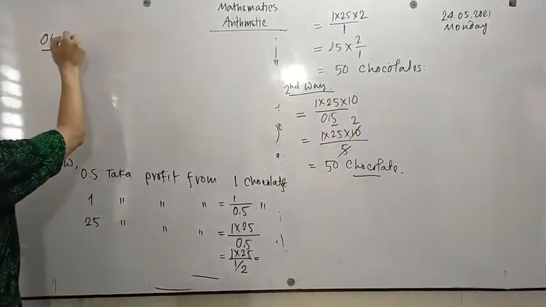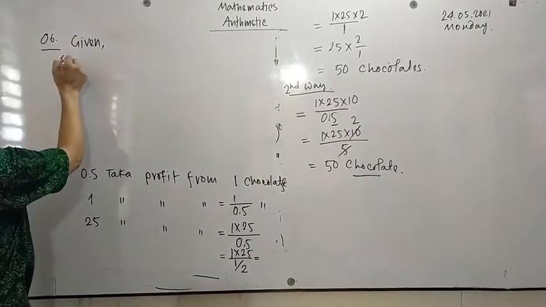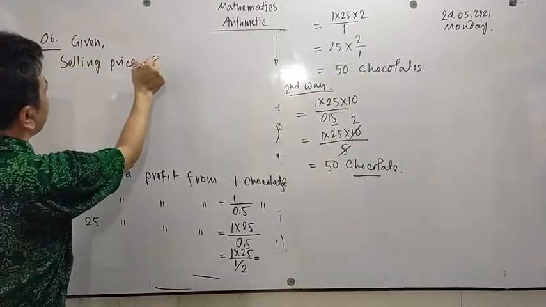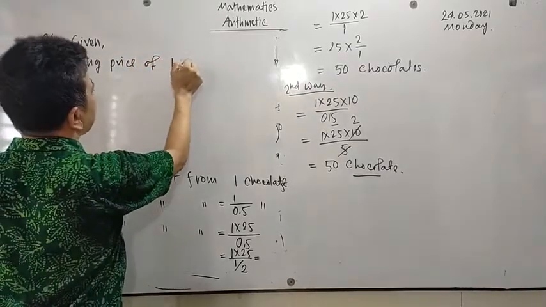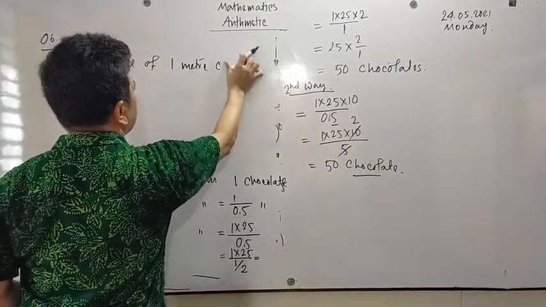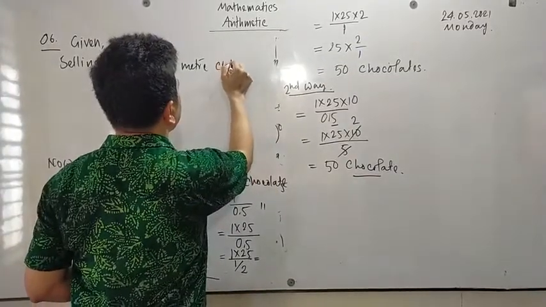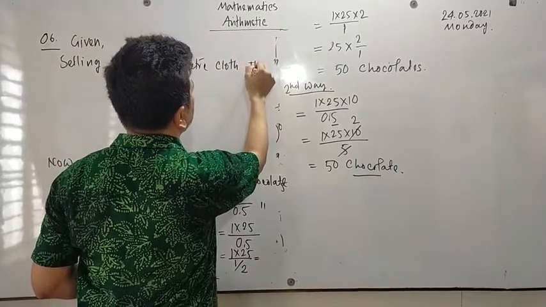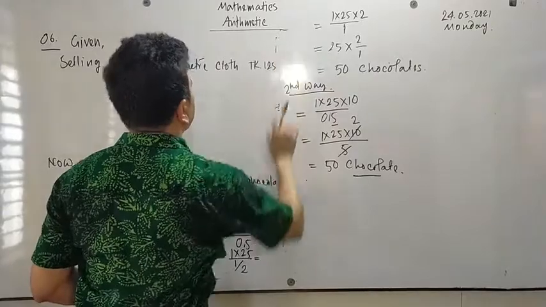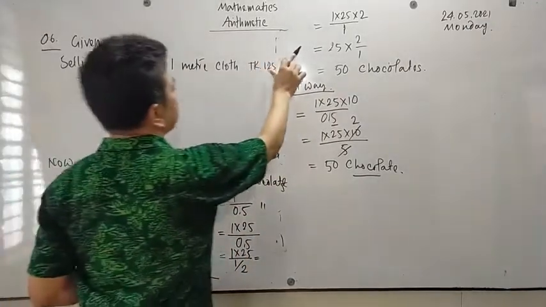So given, we can write given in the question. Okay, given: selling price of 1 meter cloth is 150 taka, right?